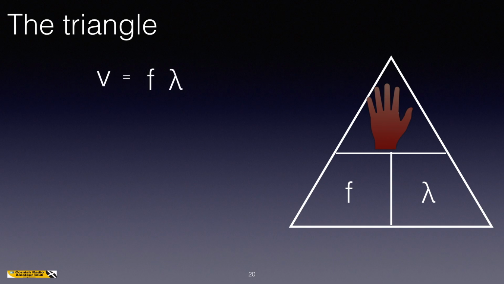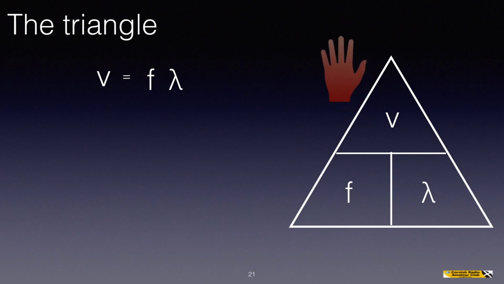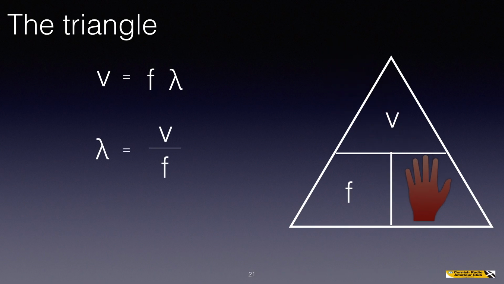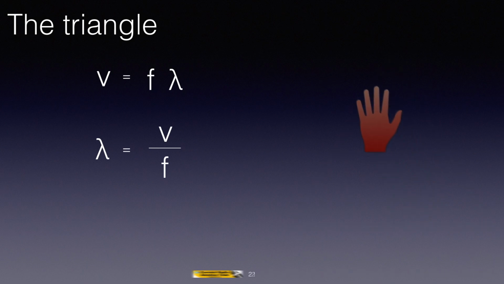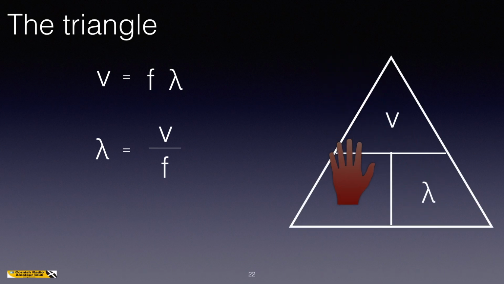V equals f lambda, lambda equals v over f, and f equals v over lambda. So we can always reproduce those 3 forms of the formula using the triangle. This avoids us having to do the algebra.